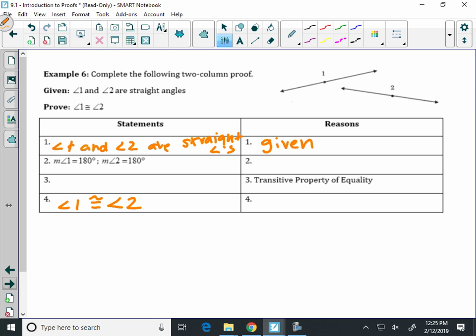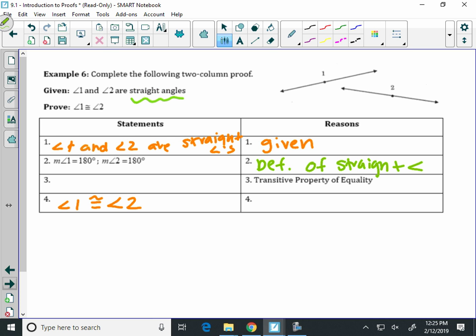In step 2, they filled out this statement for us. They said angle 1 is equal to 180 degrees and angle 2 is equal to 180 degrees. Why can we say that? Go to your given information. Do we have a vocab word? Yeah, our vocab word's straight angle. What do you think your reason is going to be? Definition of a straight angle. Whenever you're given a vocab word in your proof, you're going to use that as a reason.